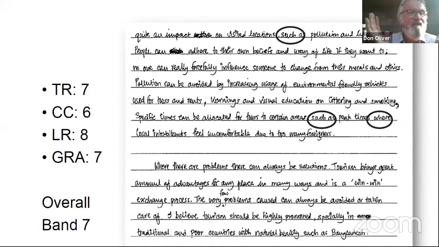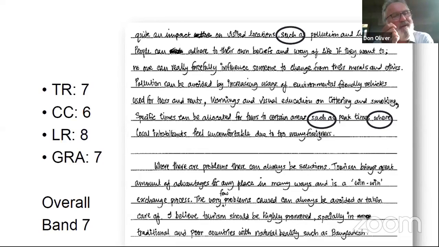This is completely wrong because pollution is not a location. Impacts such as pollution, yes, but not locations such as pollution. We have specific times can be allocated for tours to certain areas, such as peak times. Areas such as time. This is confusing.